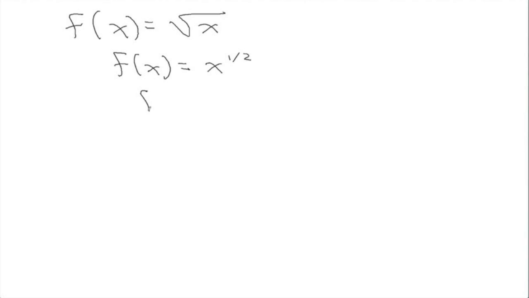That's right. Now we can take the derivative. You'll have to be careful to follow the rules exactly correctly. So what would be the derivative of this, do you think? If we follow the previous pattern, it would be 1/2 x to the negative 1/2. There you go. Okay, good.